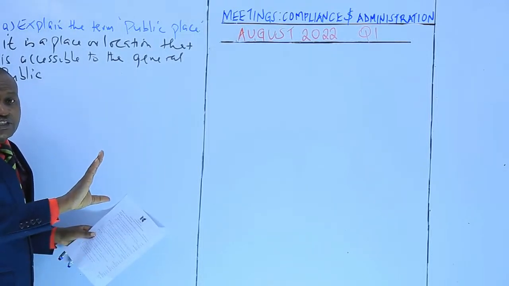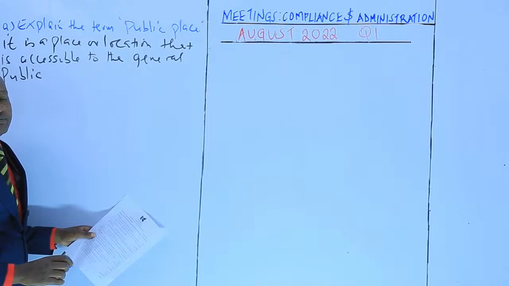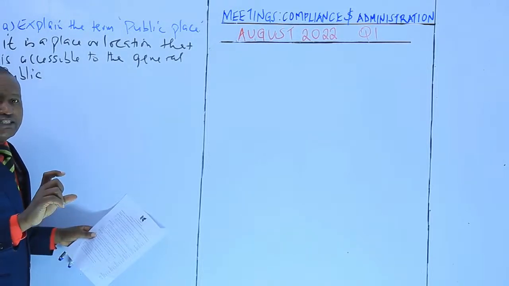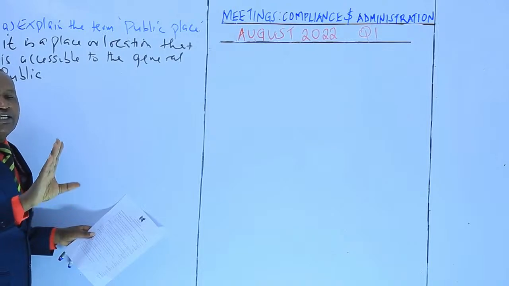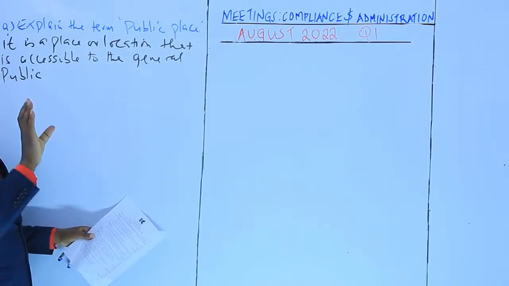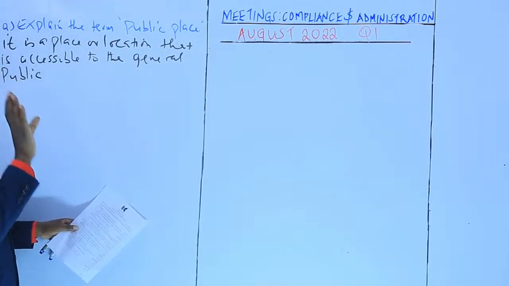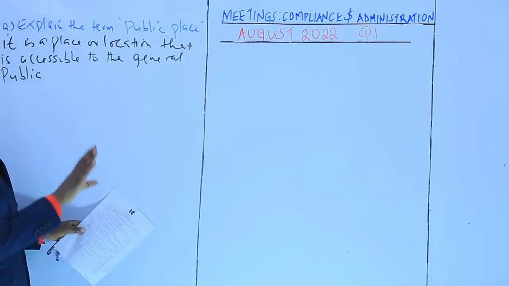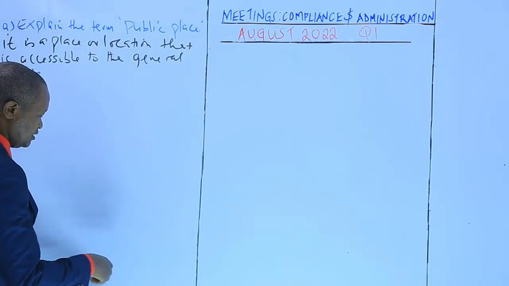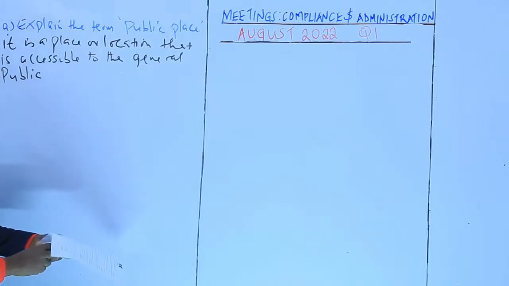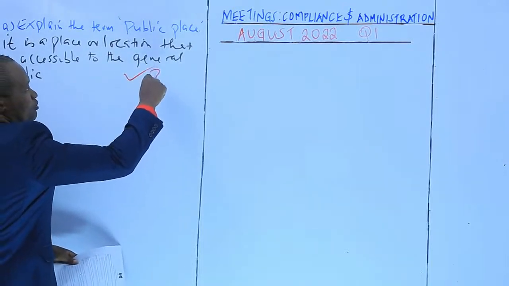So there are certain restrictions to bring about safety and public order. So a public place is a location that is accessible to the general public. That is the answer. 2 marks.